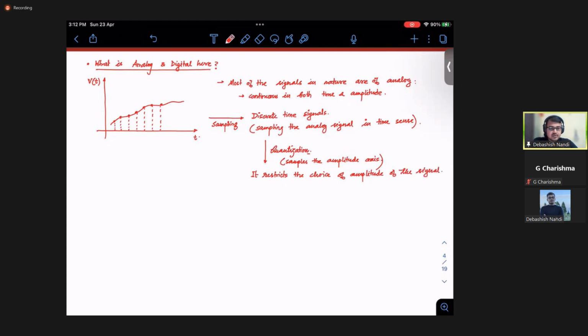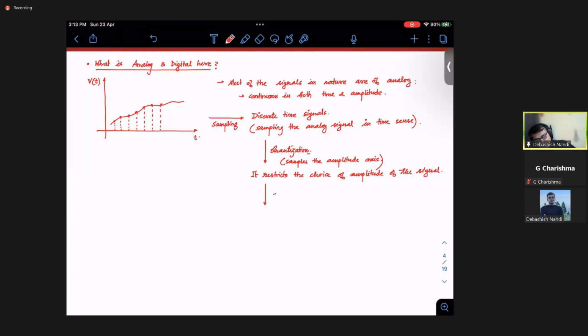So again, you would see that you can have many quantized levels on the amplitude axis, but if you have, suppose, 256 levels, it is not convenient to work with 256 bits, one bit for each level, right? So it is more convenient to encode it.